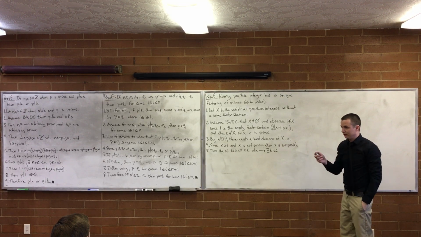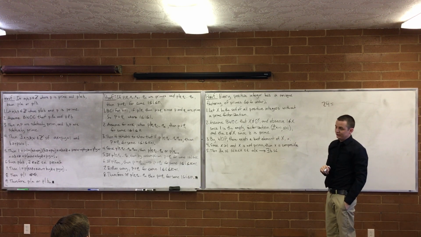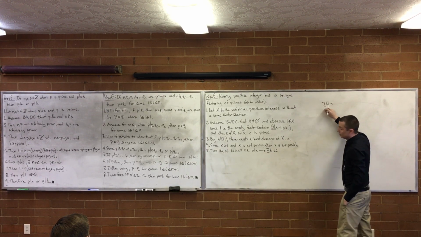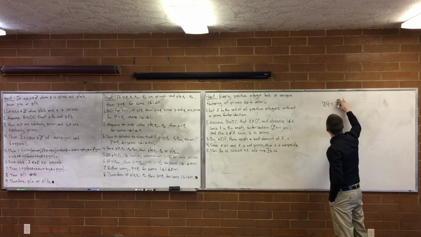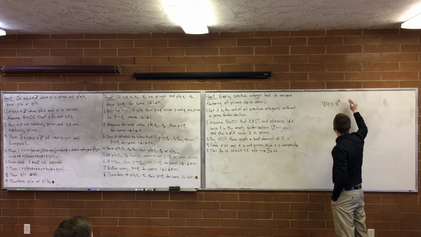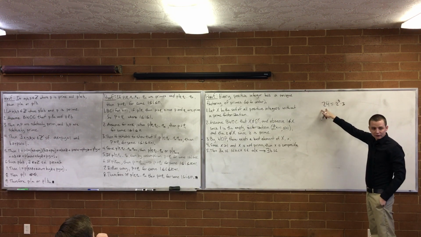What that means is pick any number you want, 24. I can express this as a unique prime factorization. So what are all the primes that go into this? We have 3 2's, and we have 3. Those are the prime numbers that multiply together that give you this.